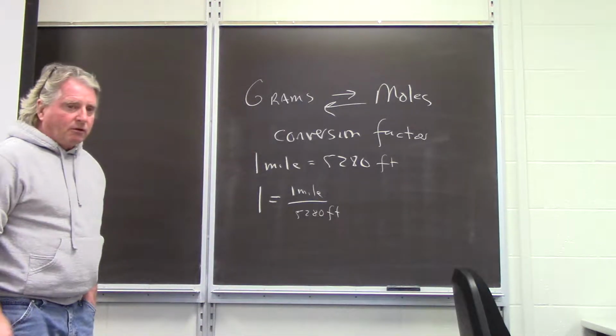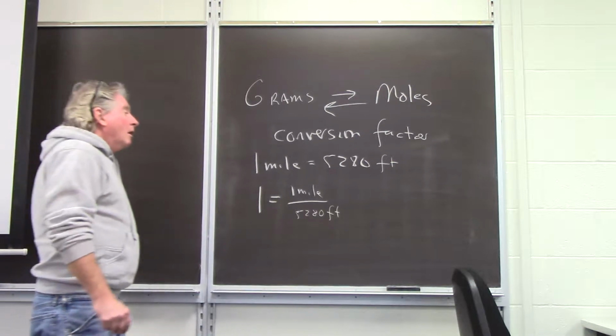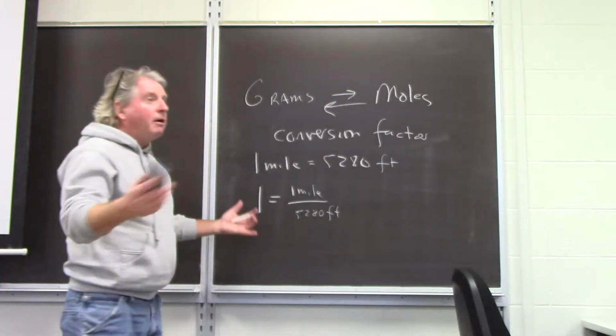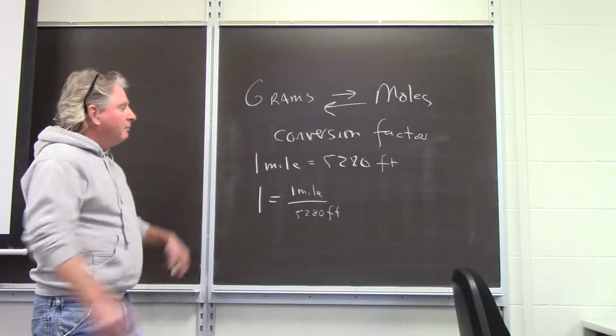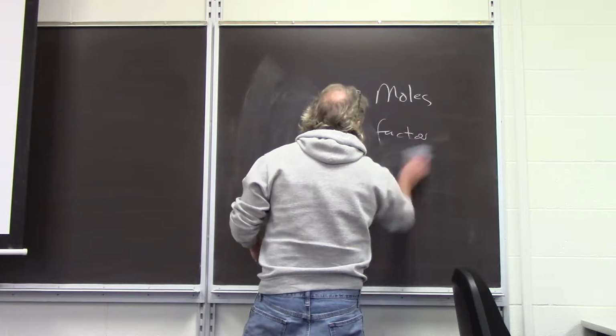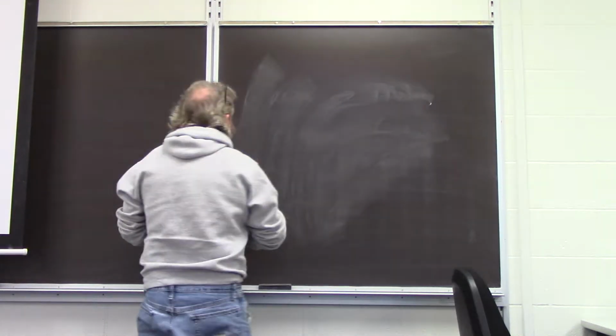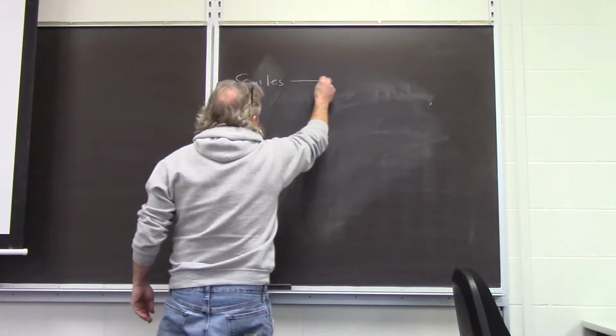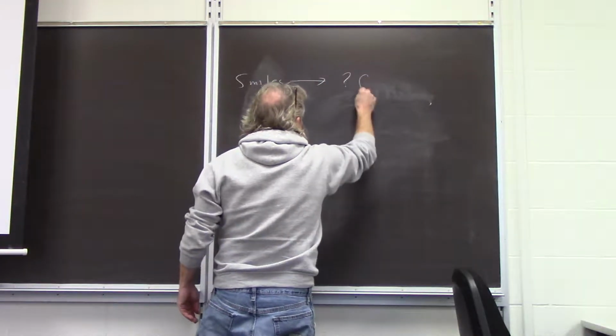That's fine. All right, now let's say we have 5 miles and we want to find out how many feet that is. Typically we teach this in the following way. So I want to convert 5 miles to so many feet.